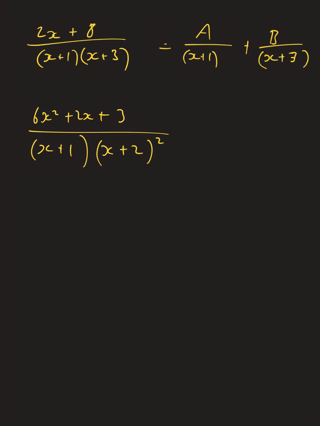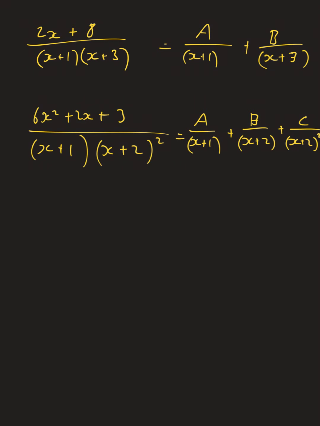In that case, you would have to account for that repeating factor, and you would do it like this. You would say that's equal to a over x plus 1 plus b over x plus 2, and then to account for the repeating factor you'll have another term, c over x plus 2 squared.